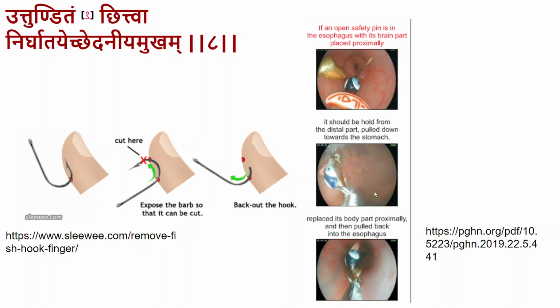Altering the shape of the foreign body and making it safer is another very important technique of removal. Like the simple example of the fish hook, instead of removing it whole, you cut it at this end and then pull out or maybe push out. When you cut it at the sharp edge and then pull out, the possibility of injury is lesser. The chedaniya mukha has to be cut off.